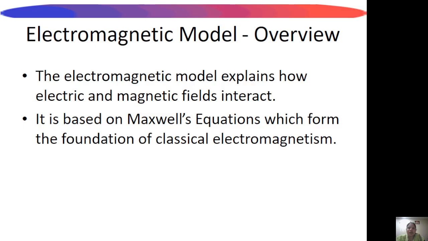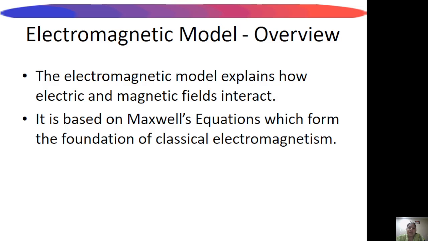According to this model, electric charges create electric fields while moving charges produce magnetic fields. Time varying electric fields can generate magnetic fields and vice versa. This mutual interaction explains electromagnetic wave propagation.